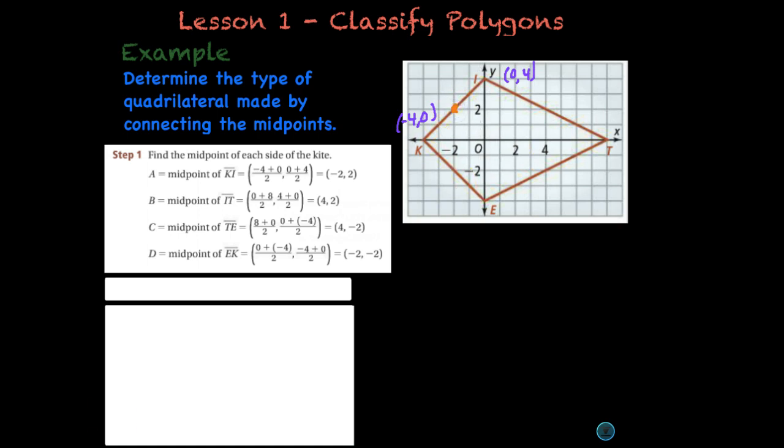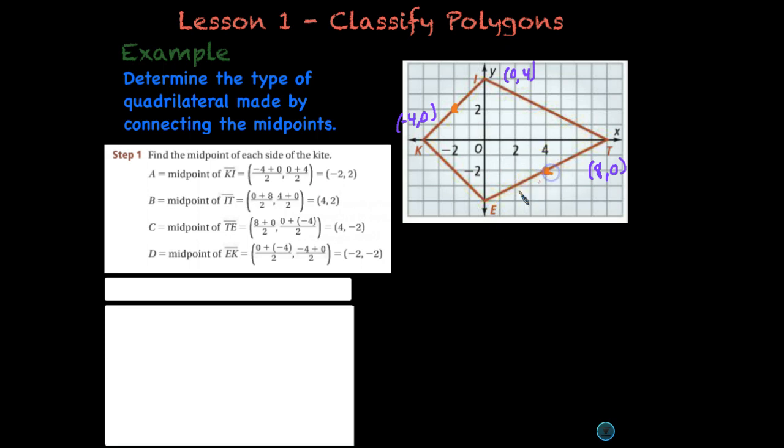All right. Let's move on to IT. Here's IT. We know these coordinates. This coordinate here is going to be at 8, 0. So if I take the average of my x's, 8 plus 0 divided by 2, and 4 plus 0 divided by 2 right here, I get a coordinate of 4, 2, which would be my midpoint.